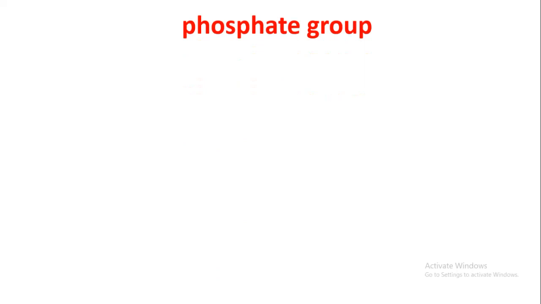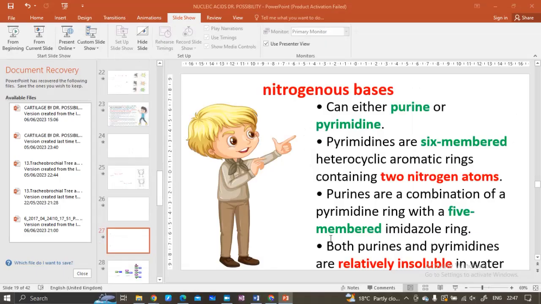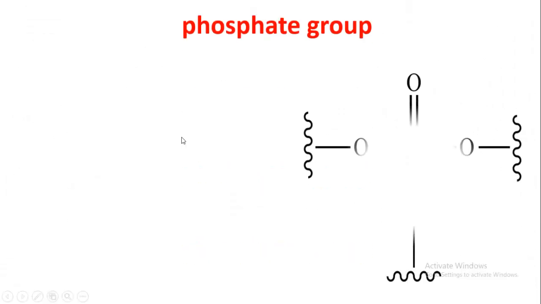Okay. Phosphate group, which is like the cross for Christians. So this is a phosphate group. When you talk of a phosphate group, what things are you supposed to take note of? A phosphate group has 4 oxygens.